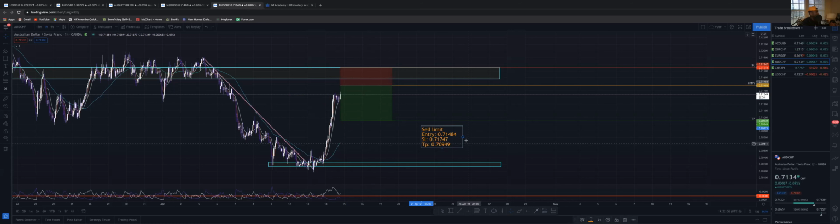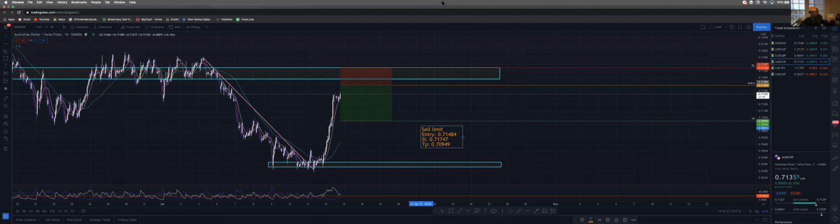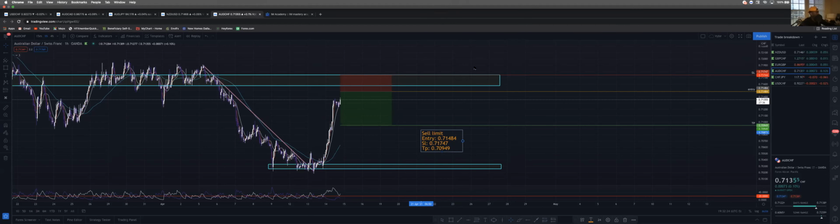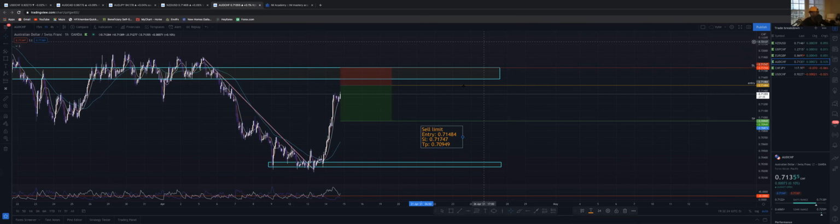Here is the entry for that: 0.71484, and the TP is 0.70949. Like I said, once that activates, it will drop down to probably around here, be stagnant for a little bit, and then continue to fall down some more.